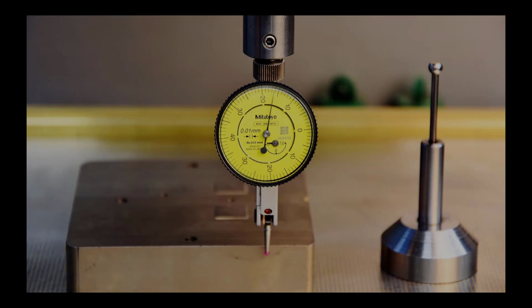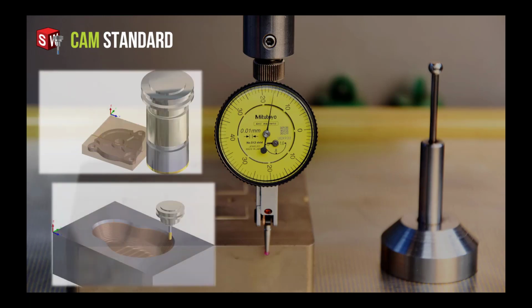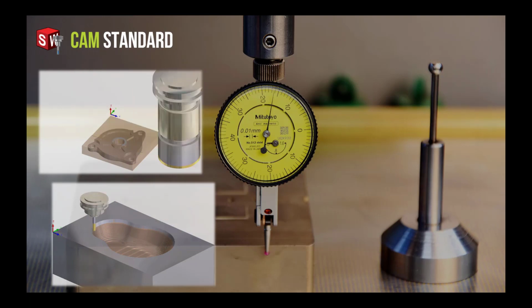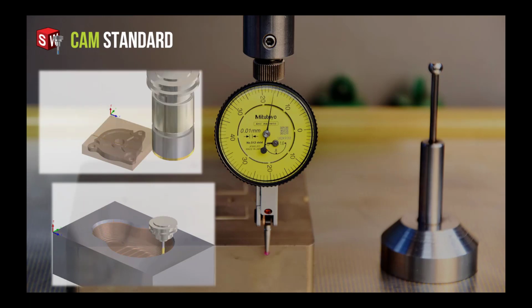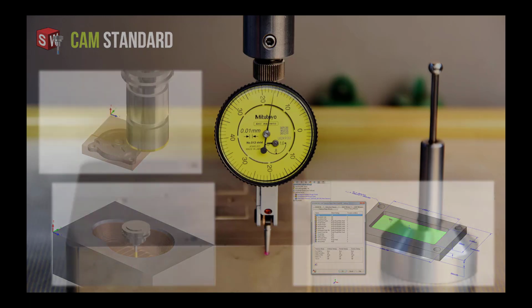This proven feature-based technology is from CAMWorks, which has been a SOLIDWORKS Gold partner since 1997. CAM Standard is included to all users of SOLIDWORKS who take advantage of active subscription service. This includes both 2.5-axis and basic 3-axis programming of parts, as well as tolerance-based machining.